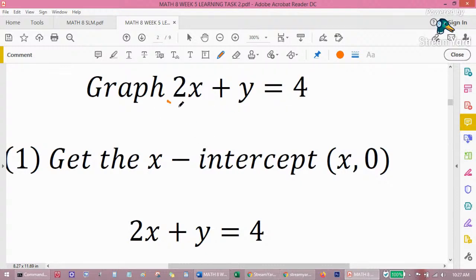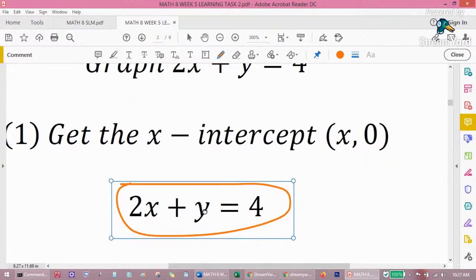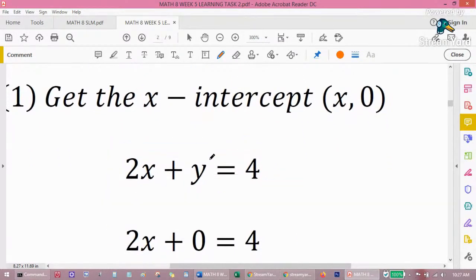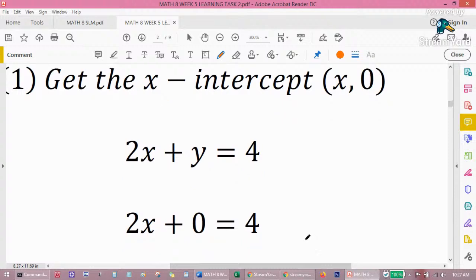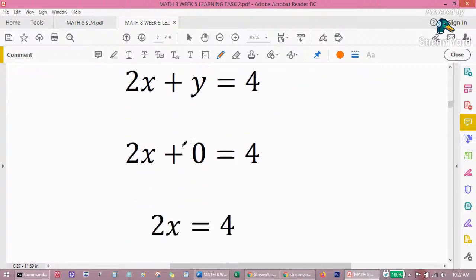Okay, so ang gagawin is kokopyahin lang natin to equation. 2x plus y is equal to 4. And then, itong y na to, papalitan natin ng 0. And then, since 0 to, wala na to. 0 lang kasi siya, no?